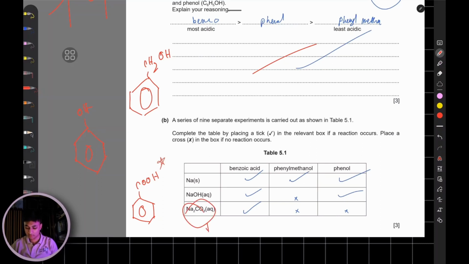This is weak base, right? But due to the carboxylic group, it will go through all of these reactions. It's a relatively strong acid compared to these, at least.